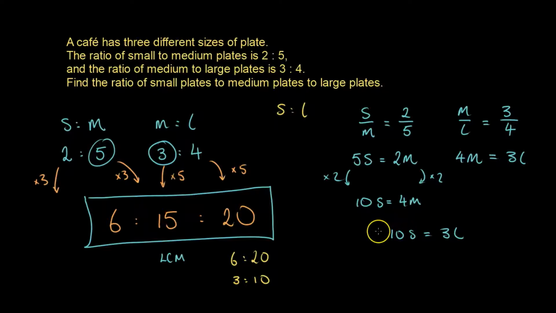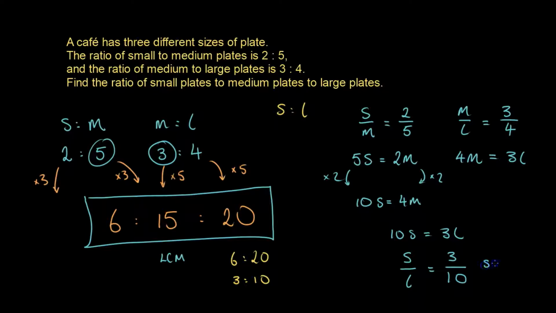So 10 times the number of small plates at any time should equal 3 times the number of large plates at any time. So this tells me a relationship between small plates and large plates. And how do I convert this back into a ratio? Well, if I divide both sides by L, I get S divided by L is equal, and then if I divide both sides by 10, I get 3 over 10.